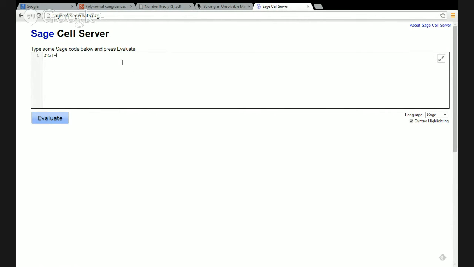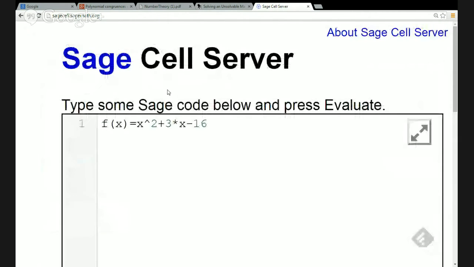So the polynomial f of x was x squared plus 3x minus 16. Uh, 61.